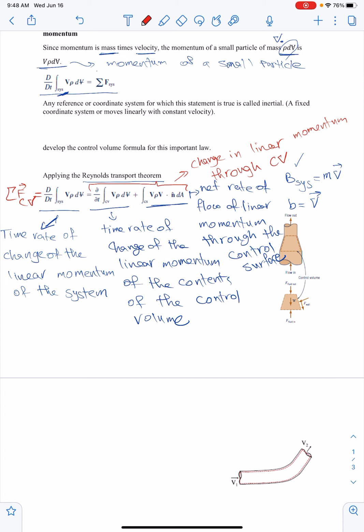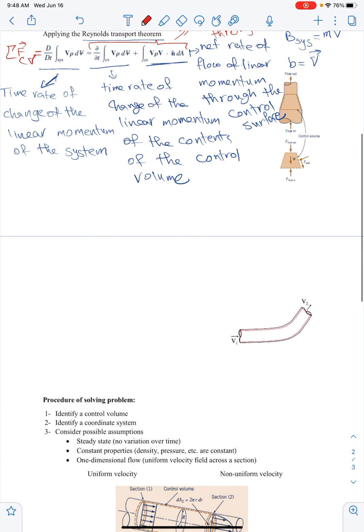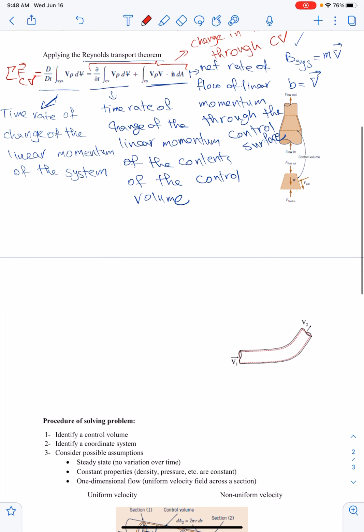And the forces on the control volume, we consider the body force and the surface forces. If I want to elaborate that by showing these two pictures, let's look at this picture right here.